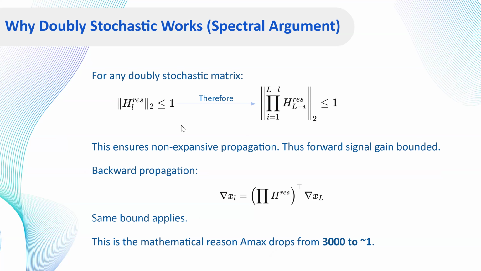Therefore, when we stack all of these layers on top of each other and compute the product, the spectral norm of the product is also less than or equal to 1. So it shows that it stays on the same manifold.